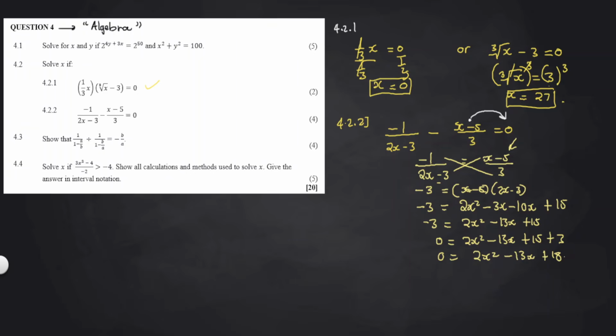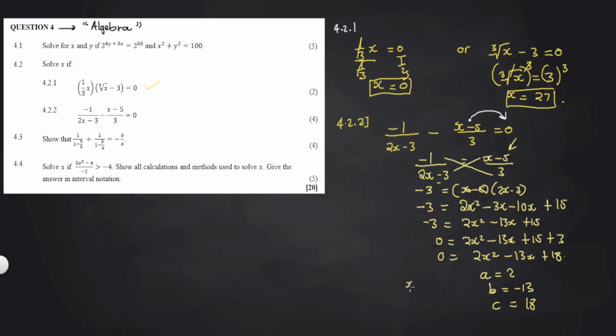I think for this one we'll have to use a quadratic equation. A is equal to 2, B is equal to negative 13, C is equal to 18. Then take your coefficients, your ABCs. Where there's A put 2, where there's B put negative 13, where there's C put 18, and then you calculate.